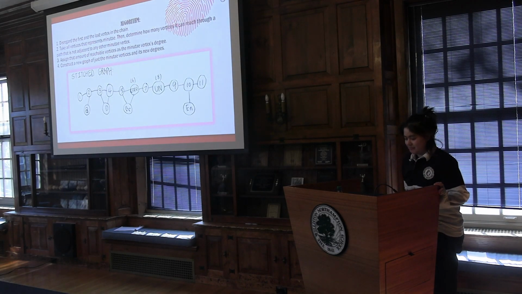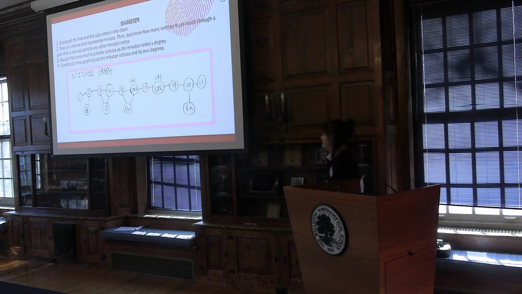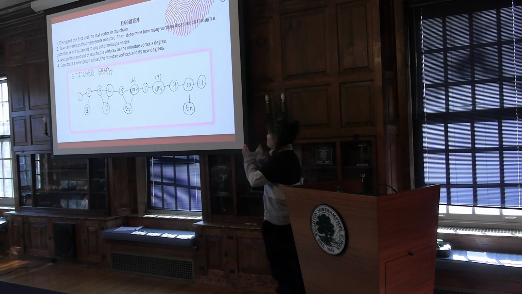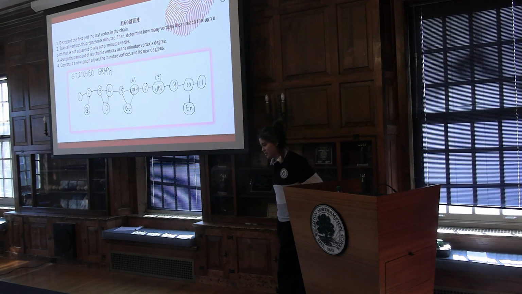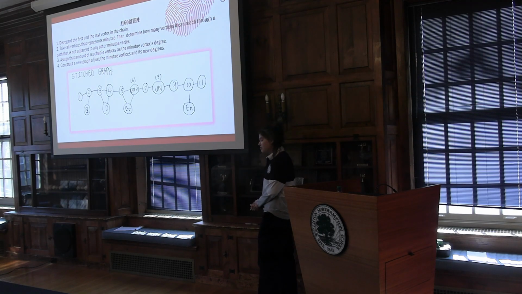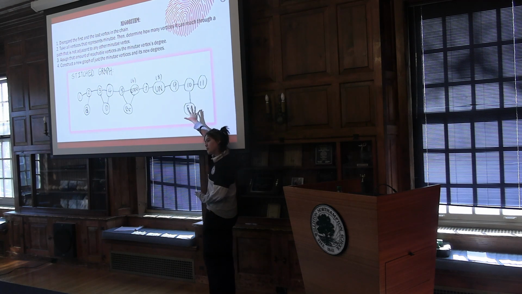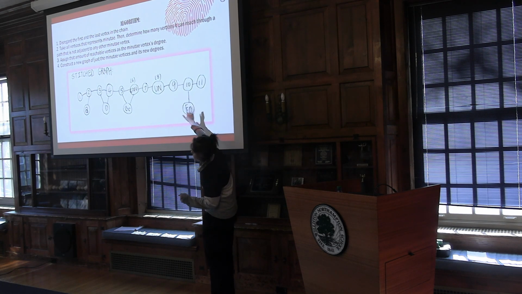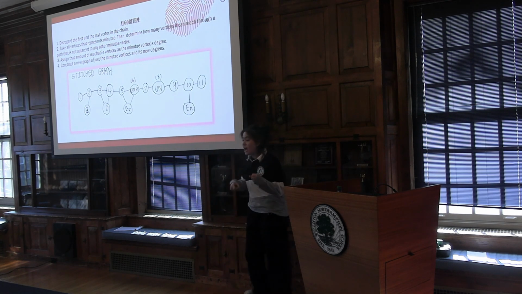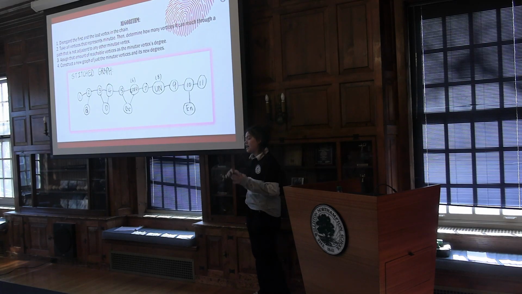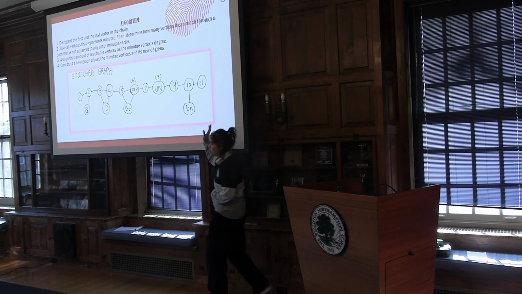So here is my graph reduction algorithm. I'm not going to read through all the steps because I'm not sure that anyone is super interested in all the specifics. However, what you need to know is that, remember how there are vertices or nodes that represent every detail in the fingerprint and they're connected to a bunch of numbered edges? What I'm basically saying is, let me reconstruct a graph where it's just the details.